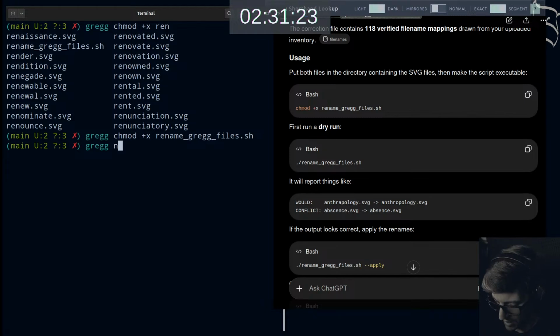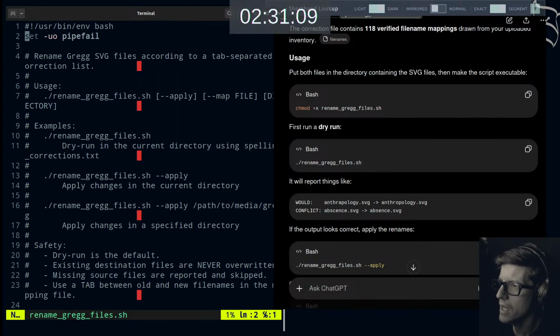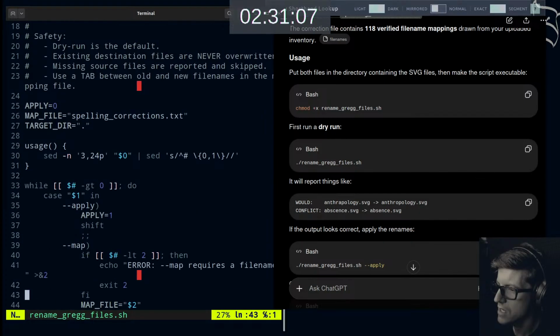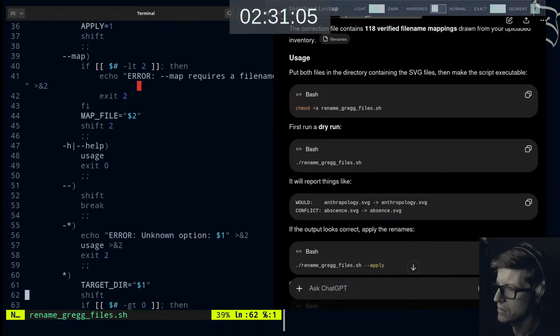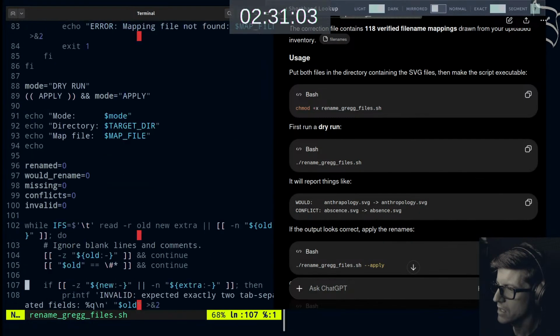Okay, by the way, just so we can get a sense for what rename Gregg files would look like if you had it laid out using Neovim. Okay, so we have nvim rename underscore Gregg files.sh. Okay, and this here you can see is the layout in Neovim.